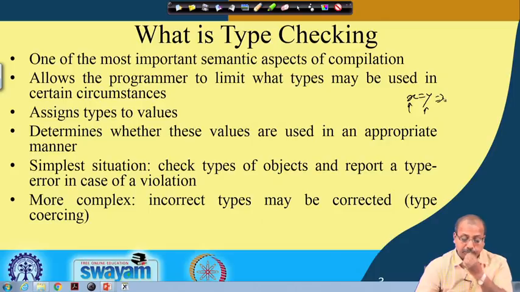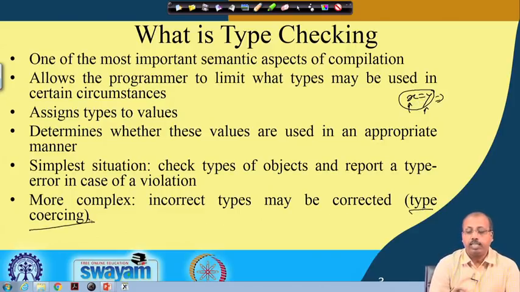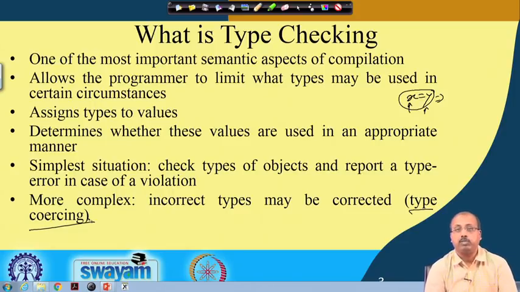However, the more complex situation comes when you have to correct the type. Say you find that there is a type mismatch, but you locally change the type of y so that it matches the type of x. If you do this, that is known as type coercion. You locally change the type of some part of the expression so that the operands have their correct types.